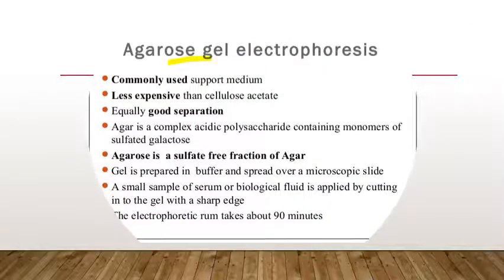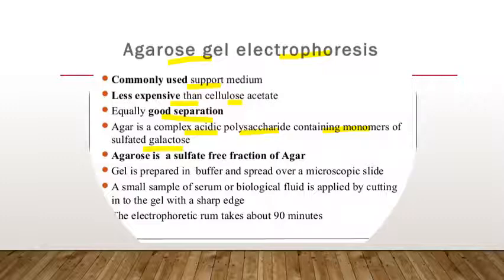Agarose gel electrophoresis uses the agarose gel as a supporting medium. It is a less expensive method than the other supporting media of electrophoresis like cellulose acetate. We have a good separation in this technique. The agar is a complex acidic polysaccharide containing the monomers of sulfated galactose.